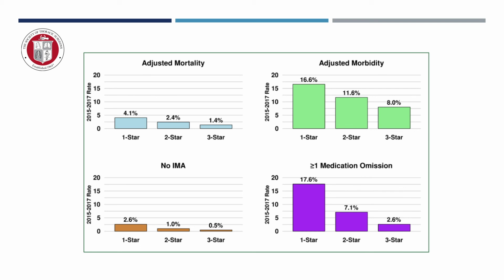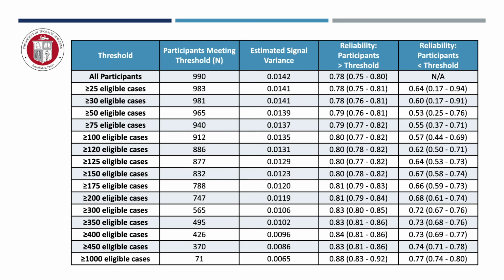For example, 4.1% to 1.4% adjusted mortality, 16.6% to 8% adjusted morbidity, 2.6% to 0.5% IMA omission, and 17.6% to 2.6% medication omission.